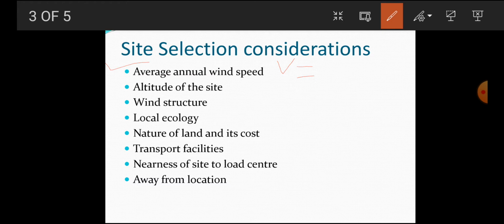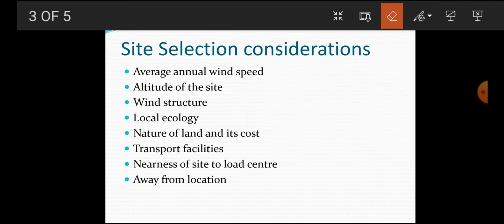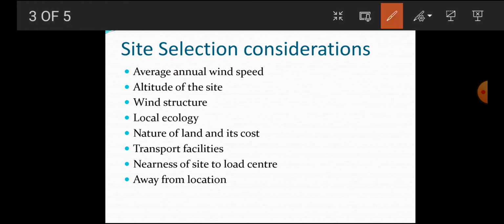The power in the wind through a given cross sectional area for uniform wind velocity can be given as power P_T is equal to k V cubed, where k is a constant.